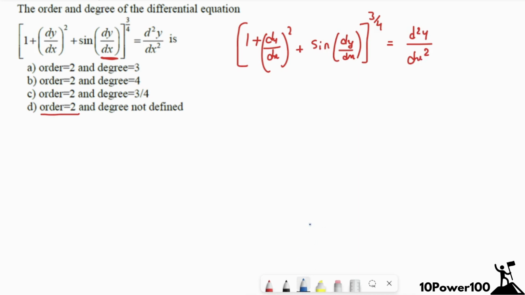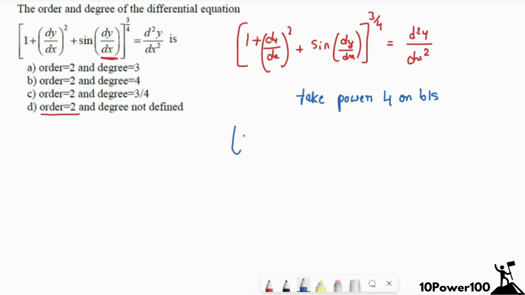Now, since the power on the left-hand side is 3 by 4, which is not an ideal power, we have to remove it to state the order and degree. Like last time, how we multiplied by 3 to remove 1 by 3, now we have 3 by 4. What number do we have to multiply to remove 1 by 4? Take power 4 on both sides.